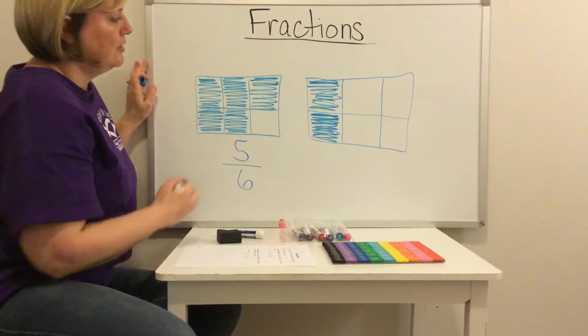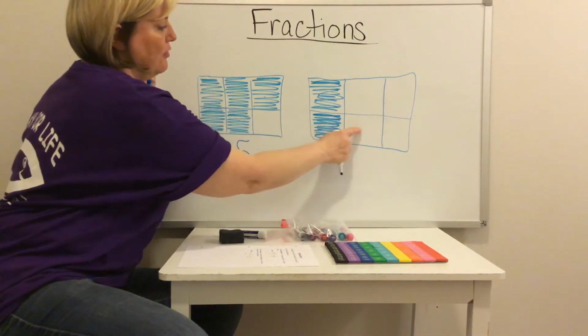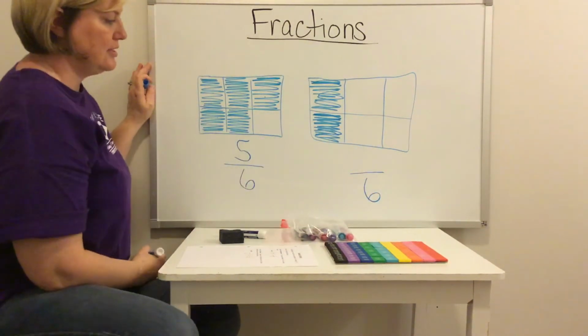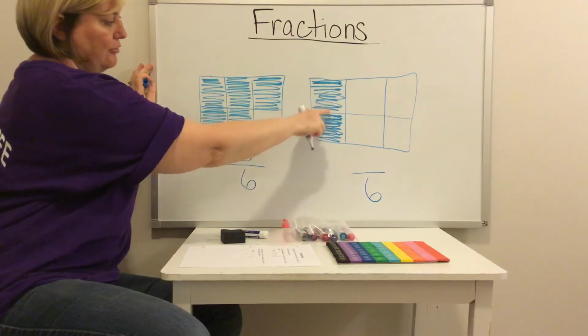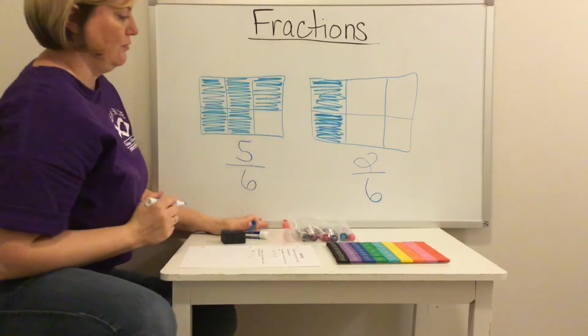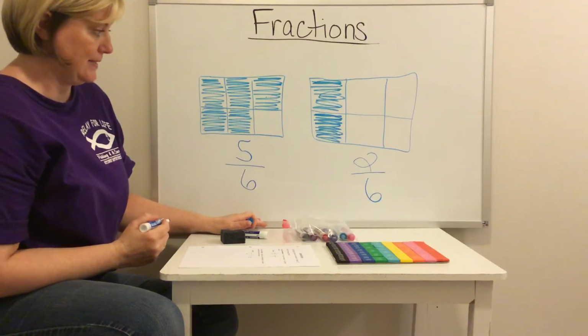This one, same number of total pieces. 1, 2, 3, 4, 5, 6. So my denominator is still 6. Now, my numerator, this time I only have 2 shaded pieces. So, the fraction for the shaded area of that one is 2/6.